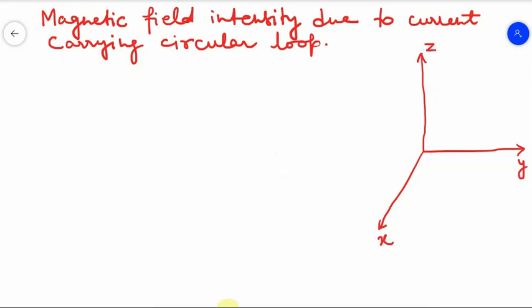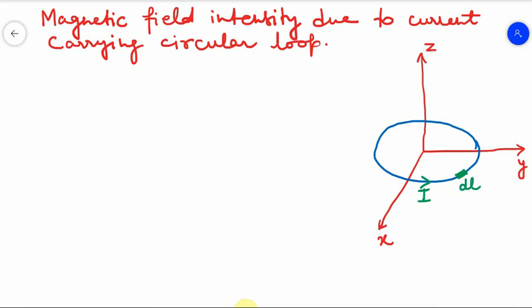Now let us consider a circular current carrying loop which is lying in the xy plane, and let us consider an element. Let this be the element dl, and the current I is passing through this current carrying circular loop.